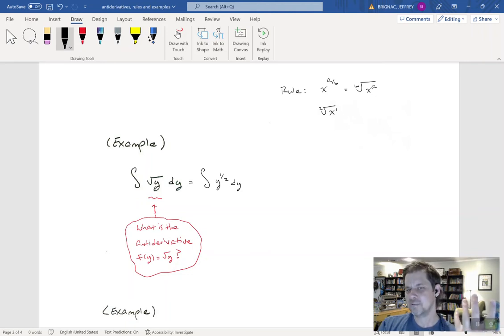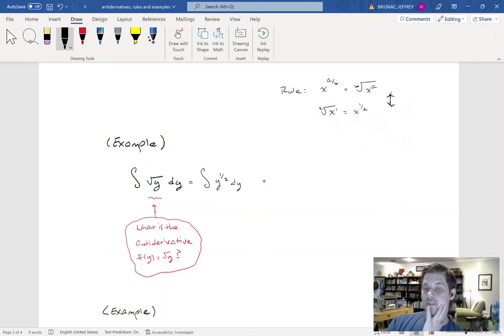And I know that there's no power in there on the y or the x, but, you know, I mean, it's not that there's no power, it's just the power's 1. And so that's why the square root of any number, any variable, is that number or variable to the 1/2 power by this rule. So do you see the equivalence between my general rule and like this particular example of the square root of y?